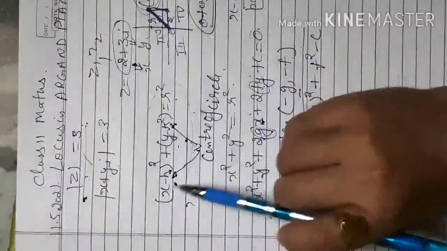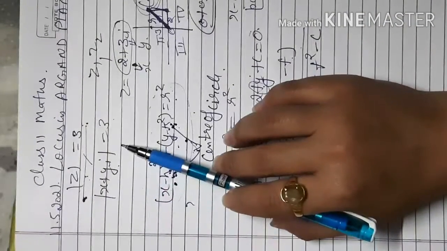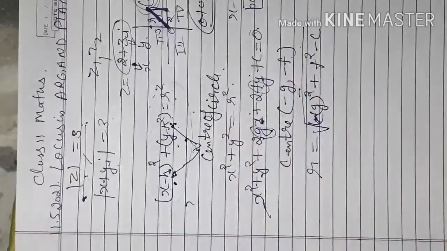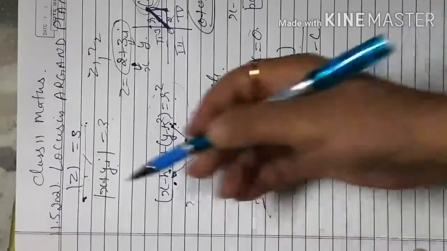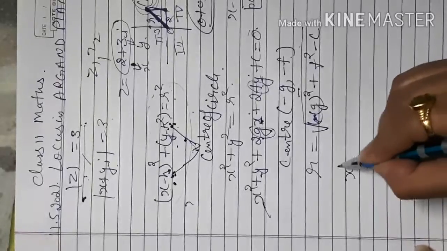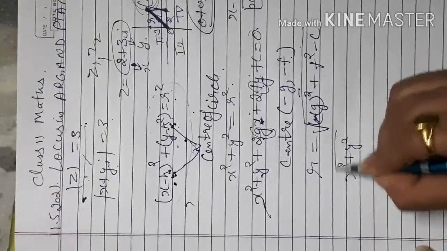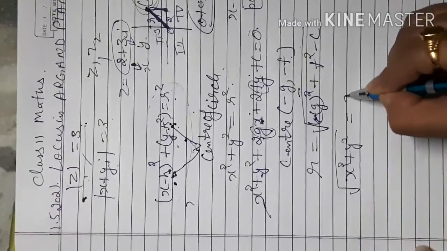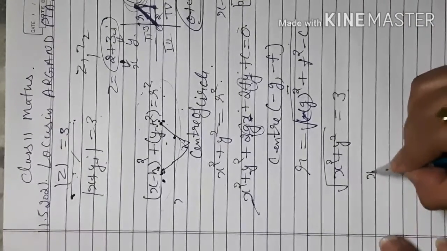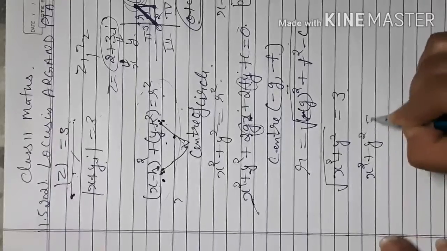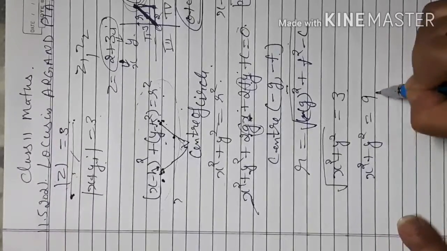Now go with this: if the modulus of x plus yi is equal to 3, what is my modulus formula? I can pick the real part here, the imaginary part here, and the square root is equal to 3. Now when I square both sides, that will be x square plus y square is equal to 3 square, which is 9.